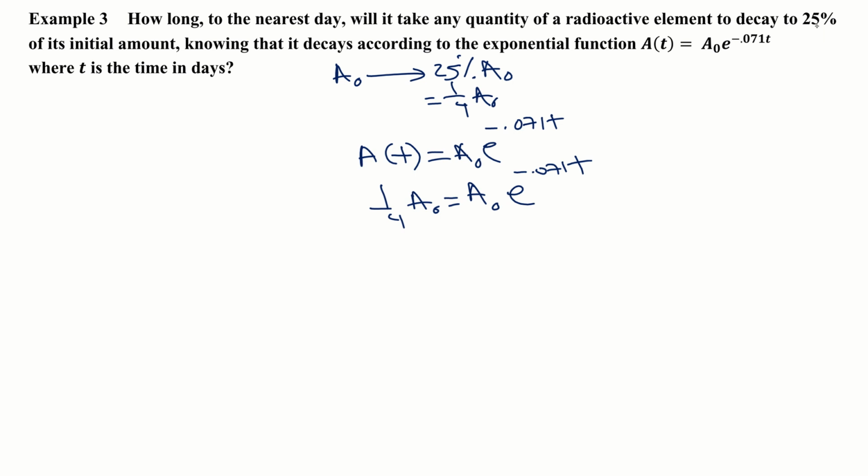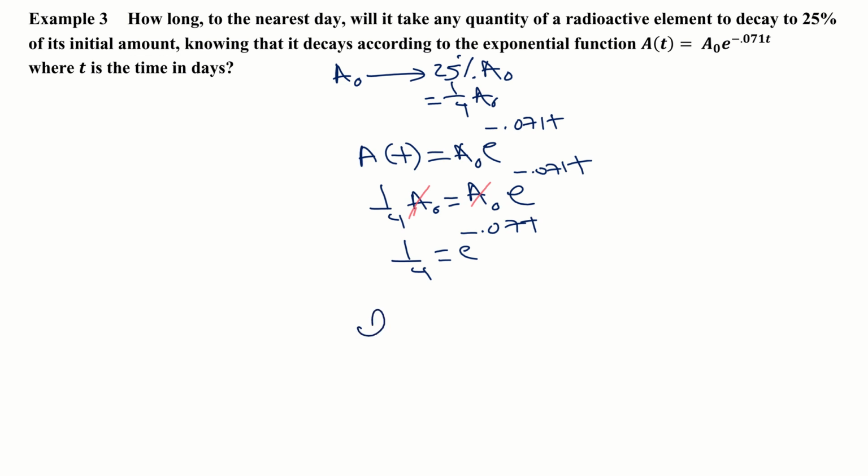All right, so we go ahead and divide both sides by A0, and of course they cancel out, right? Because they just leave ones, right? So we end up with 1/4 is equal to e to the negative 0.071 t.